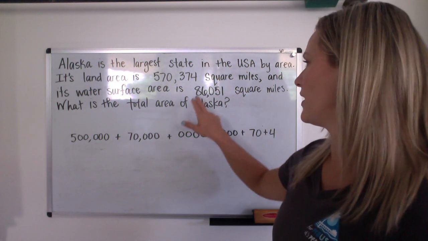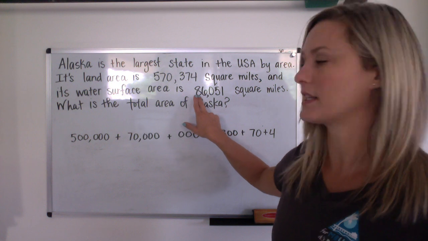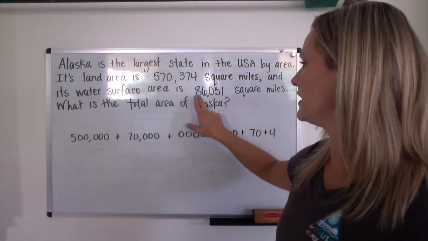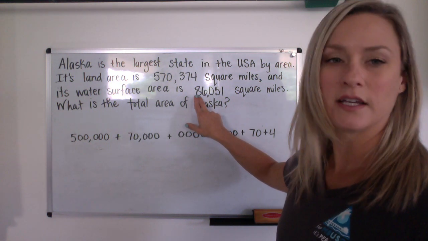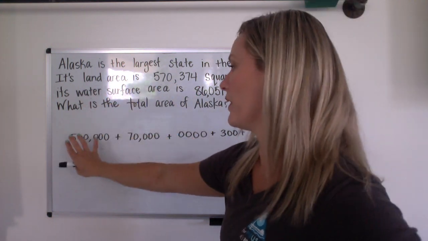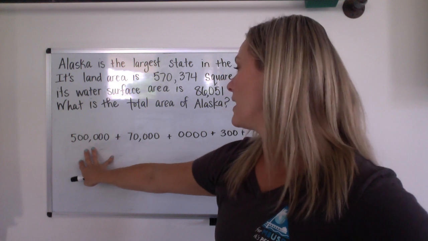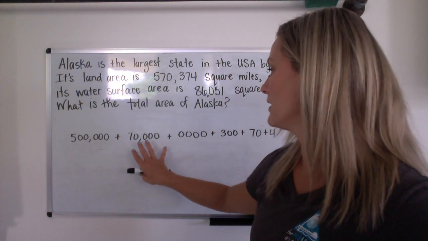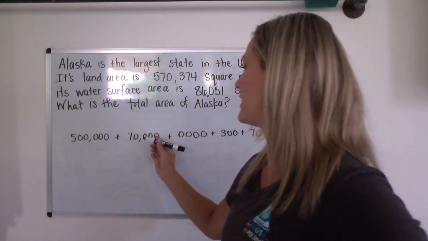So what's the value of the digit 8? Let's think about that. It would be worth 80,000. All right, so I'm going to line it up with not the 100,000s column. I'm actually going to line it up with the 10,000s column because it's worth 80,000.